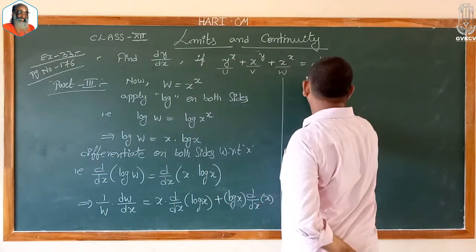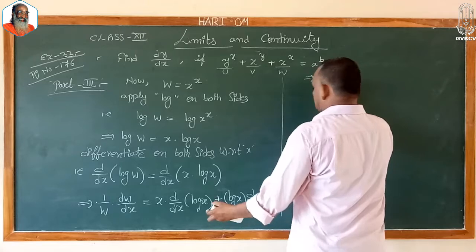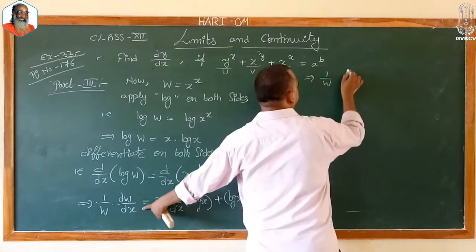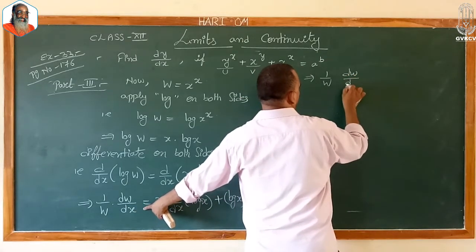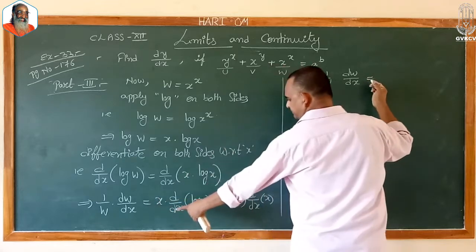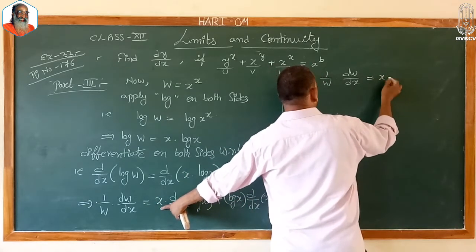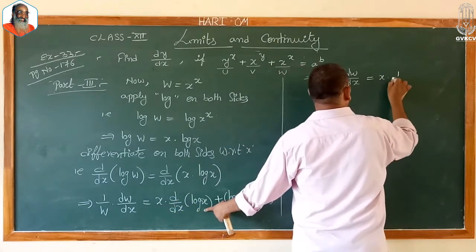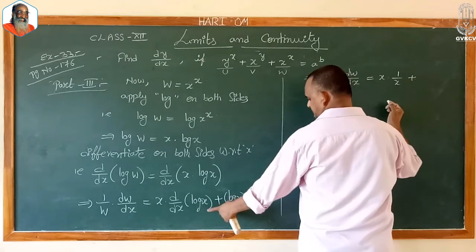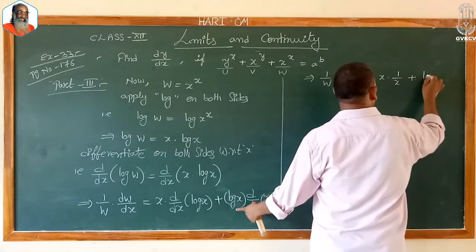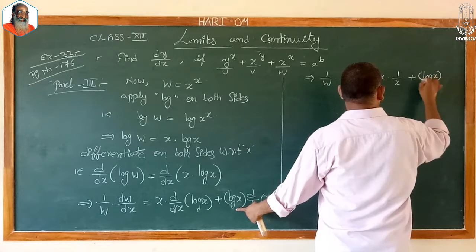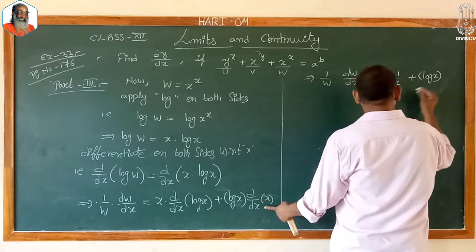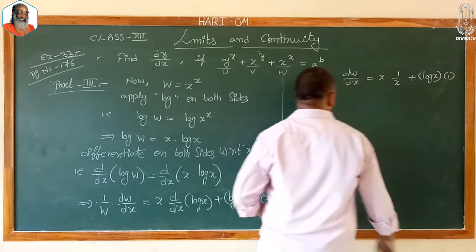Then what we have? 1 by w into dw by dx is equal to x into derivative of log x, which is 1 by x, plus log x into derivative of x, which is 1.